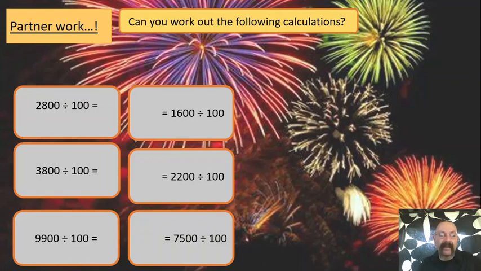Okay, so the answers you need to put at the end of the number sentences for the first 3, and for the second column of calculations, you need to start with the number.